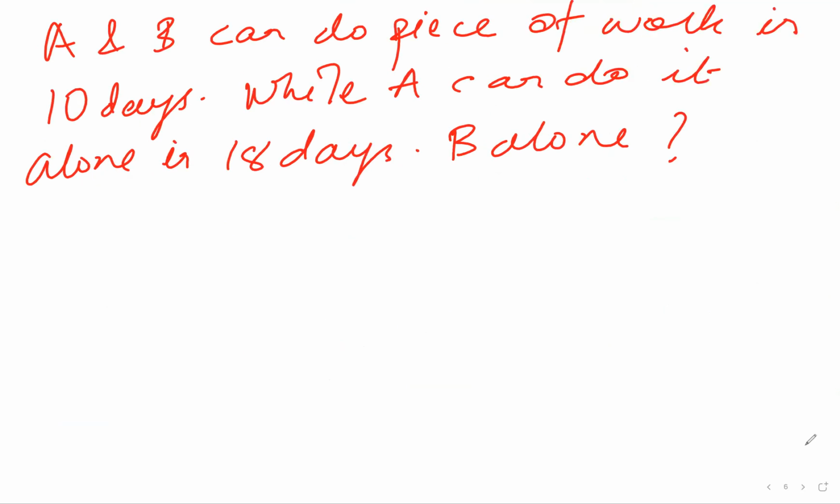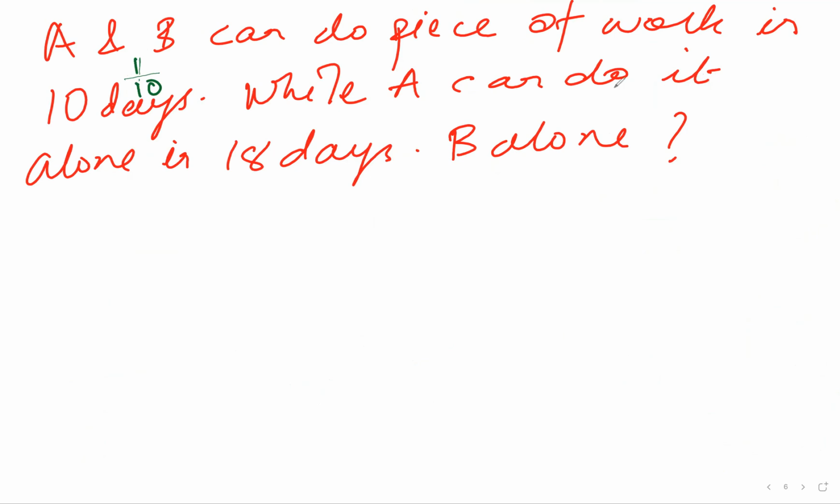A and B can do a piece of work in 10 days, while A can do it alone in 18 days. So in one day, A can do how much work? In one day, A and B can finish how much work? 1 over 10 work.